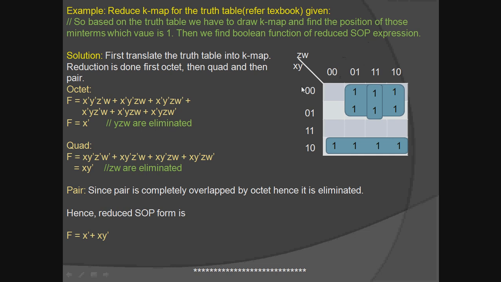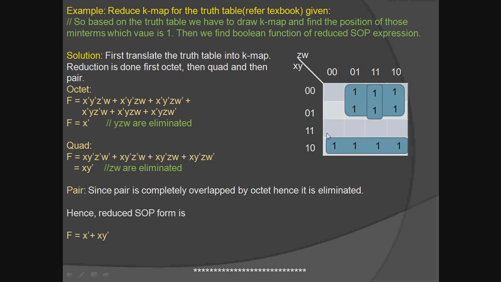If you see the truth table, x is 0, y is 0, z is 0 and w is 1, then in the f column it will be 1. Then x is 0, y is 0, z is 1, w is 1, f will be 1. So we are only marking those minterm positions where the function value is 1.